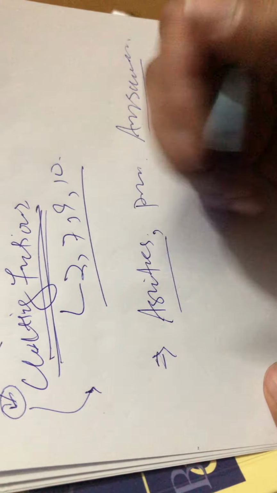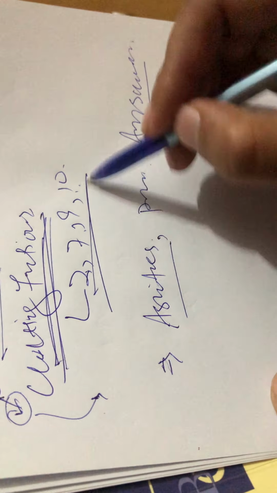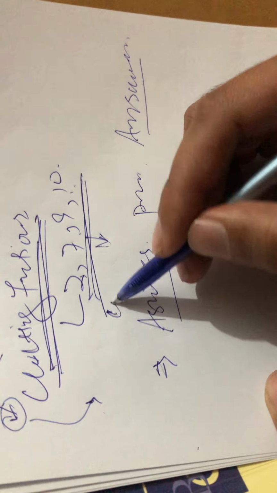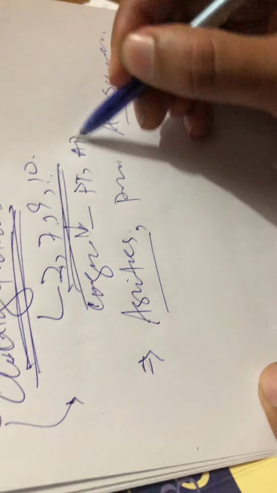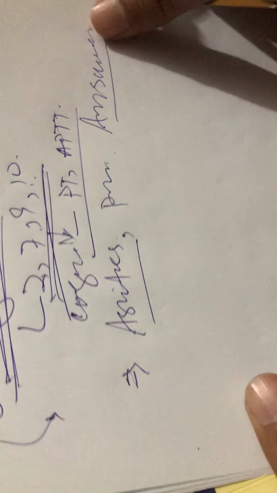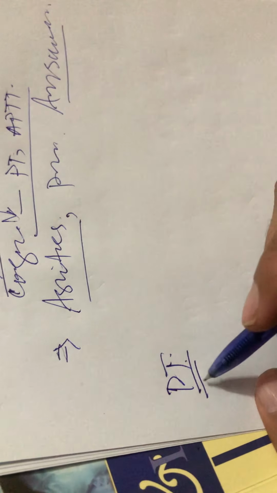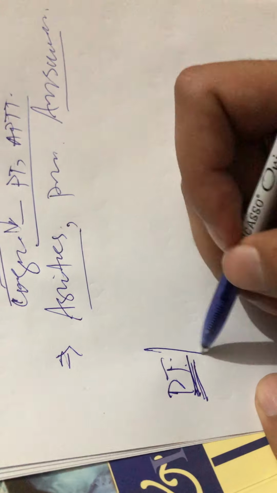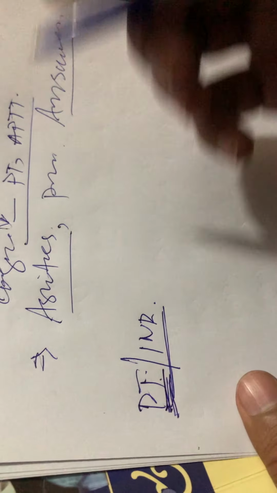And when there is deficiency or a problem in the clotting factors 2, 7, 9, and 10, it will be denoted by a deranged coagulation profile. Coagulation profile means PT and APTT. PT means prothrombin time, which certain labs will give you as a value in INR, International Normalized Ratio, and APTT.